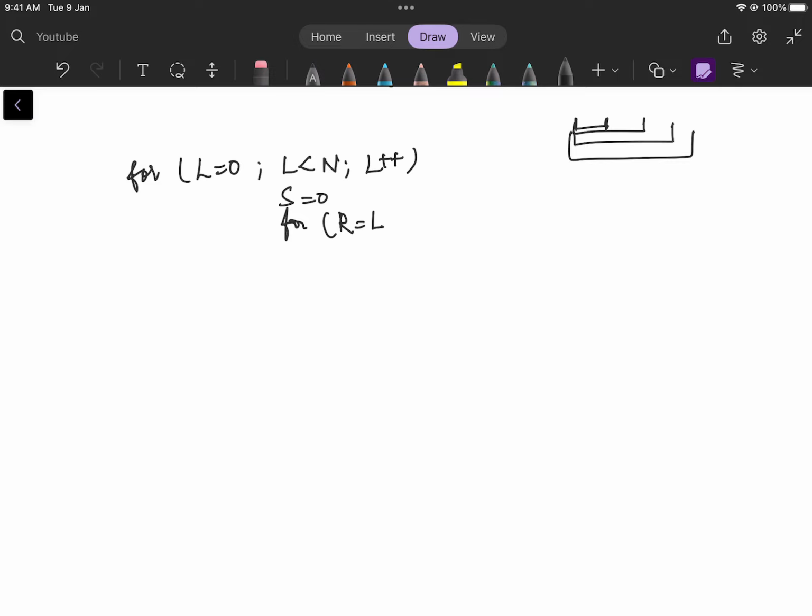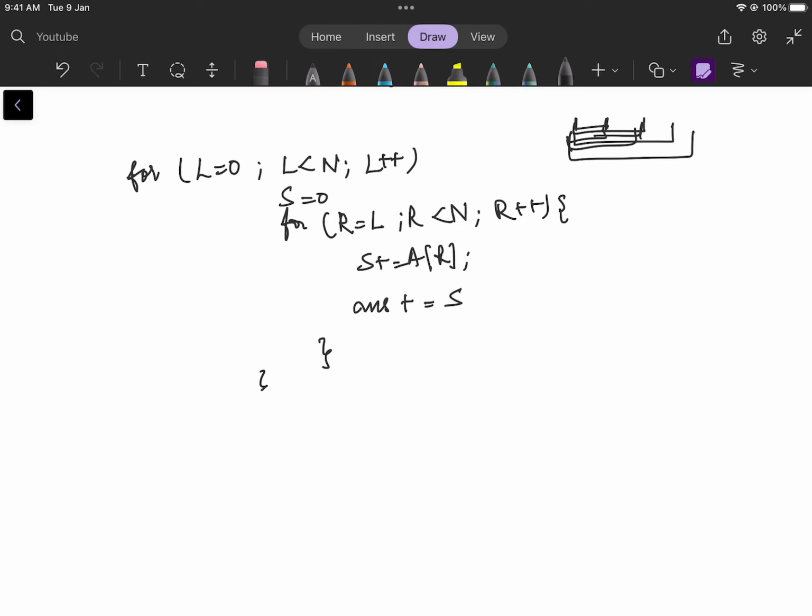But you are carry forwarding the sum also, and R is also increasing. So you will write like this, and you will sum it with the carry forward technique. Every time it is a valid subarray, so you will add it to your answer.